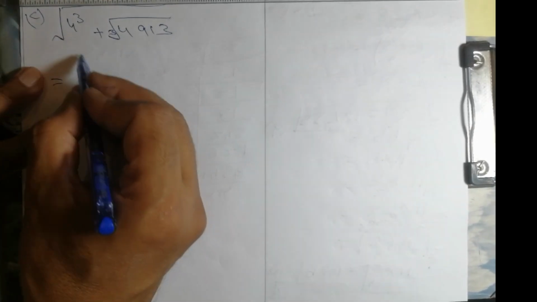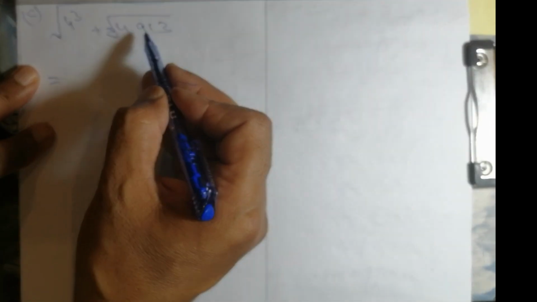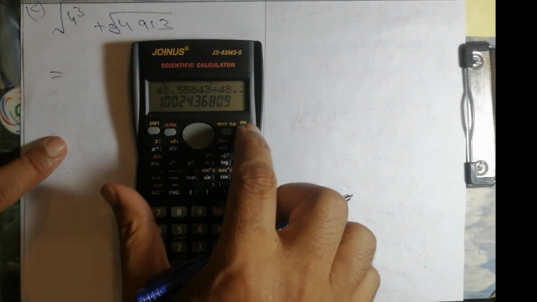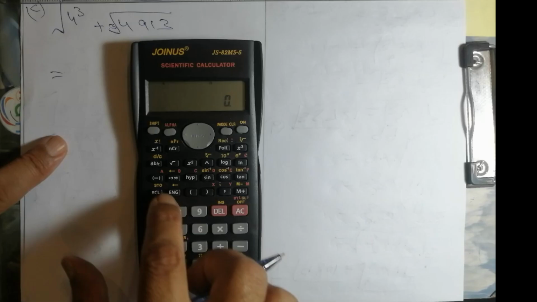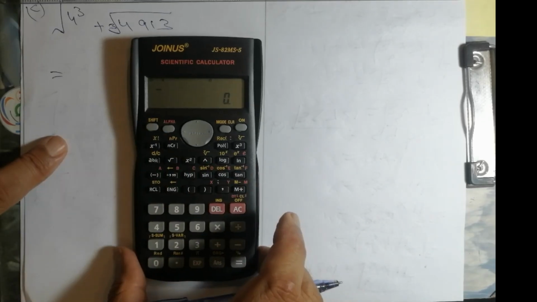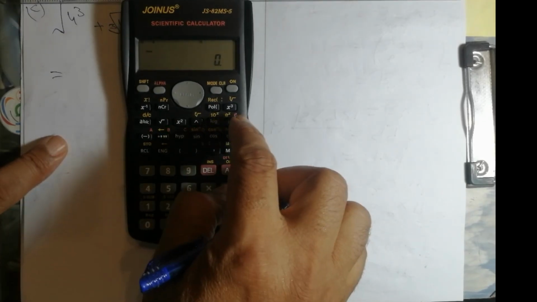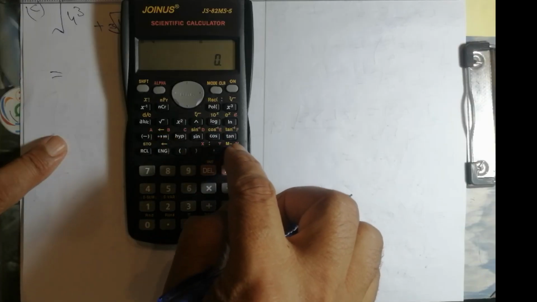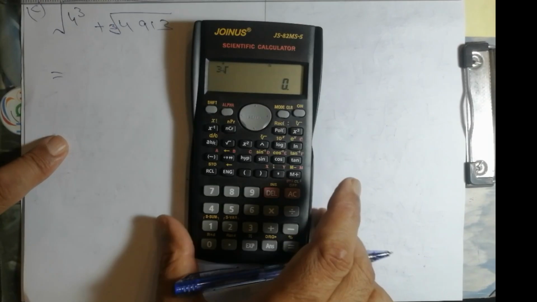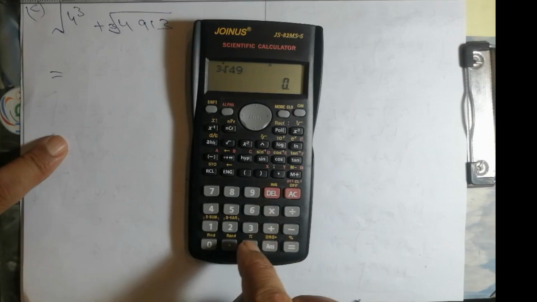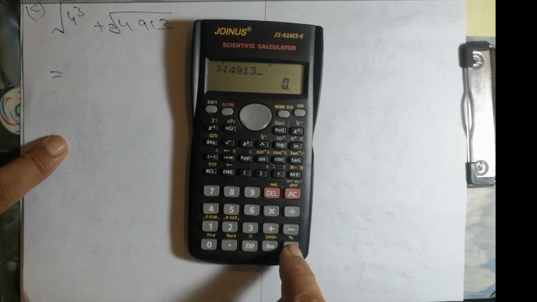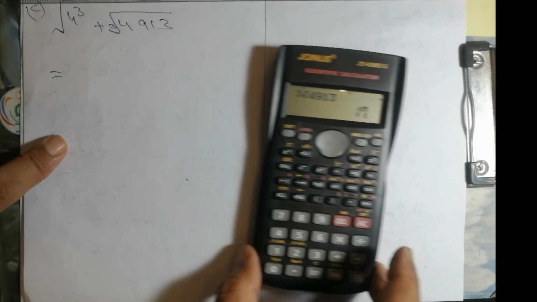So first solve this one. Take the cube root of 4913, that is equal to 17.